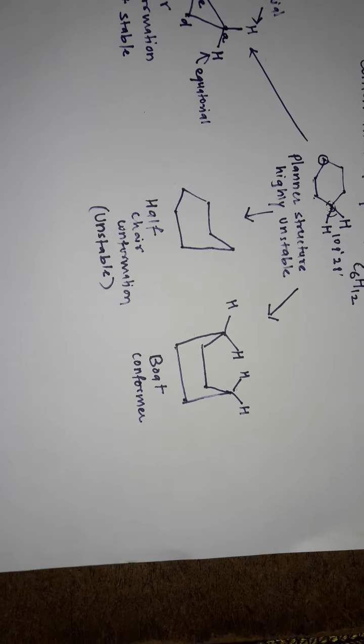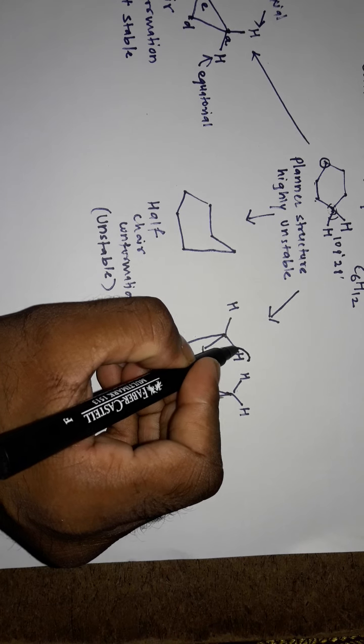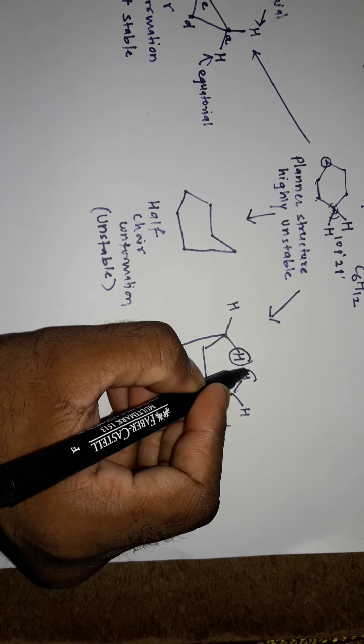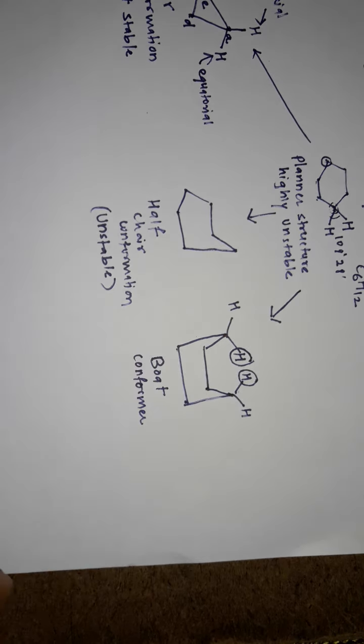Now in this boat conformer we can see that these two hydrogens are very close to each other. This kind of interaction is called flagpole interaction. If these two bonds in a boat conformer are close to each other, this is called flagpole interaction.